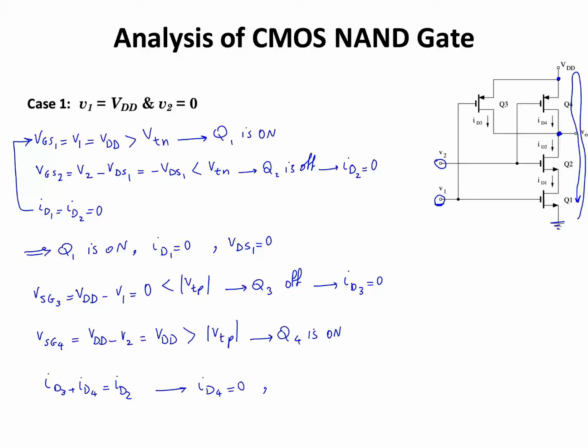It's in triode mode with VSD of 0 volts. So Q4 is in triode mode, and VSD4 is going to be equal to 0. So my output voltage is going to be equal to VDD minus VSD4, which is equal to VDD. So when one of the inputs is high and the other one is low, the output is going to be high.